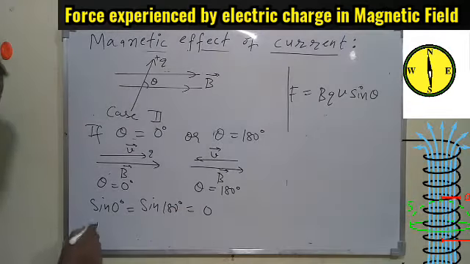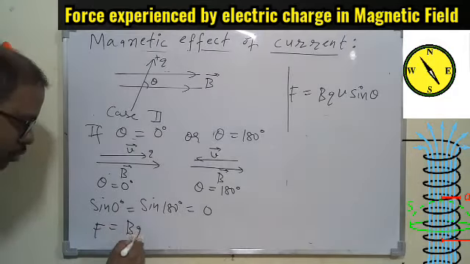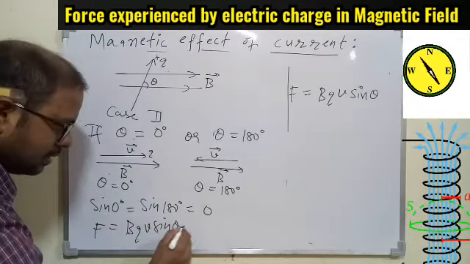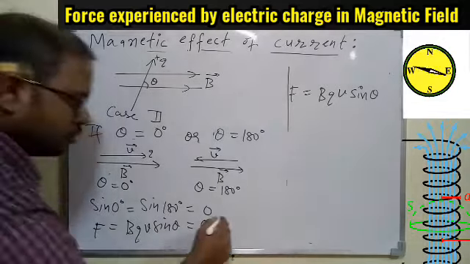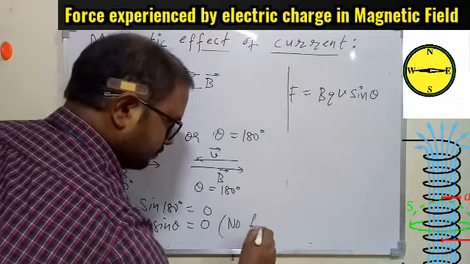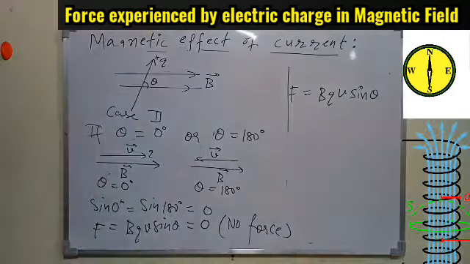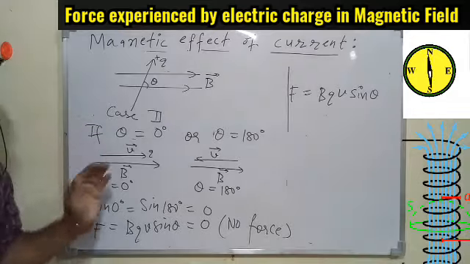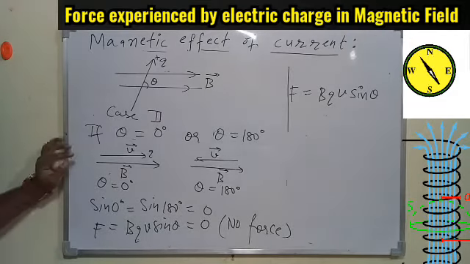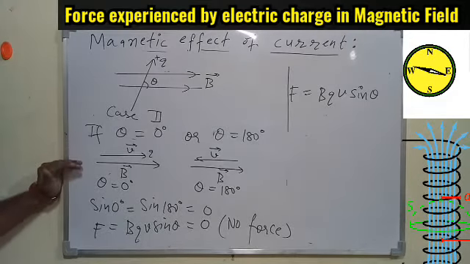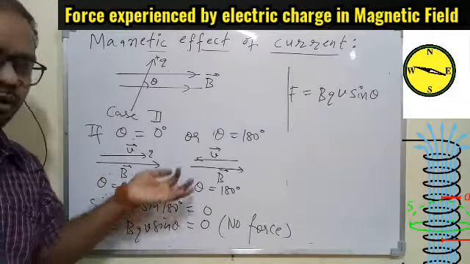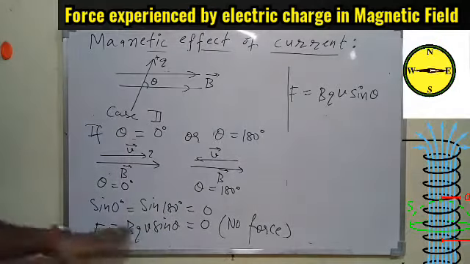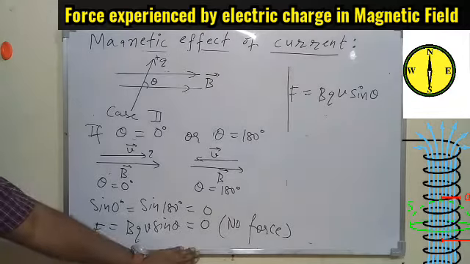So in this case also F will be BQV sine theta, which is 0, no force. So the charge is in motion now, but if it is moving along the direction of the magnetic field or opposite to it, it will not experience any force.